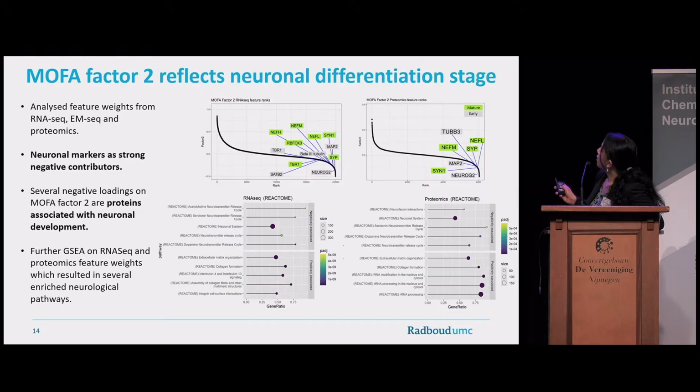And the same here in the proteomics data, wherein after performing gene set enrichment analysis, we found that a lot of neuronal development-related pathways were being enriched here. So we inferred that MOFA factor 2 captures variation in the neuronal differentiation stage.